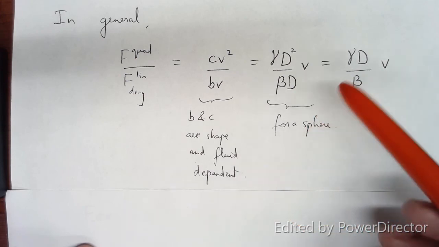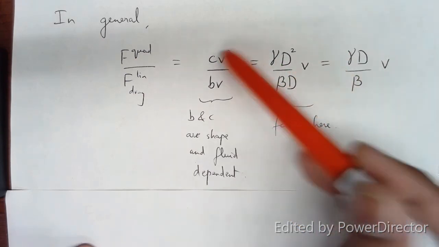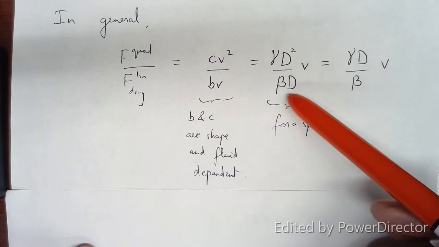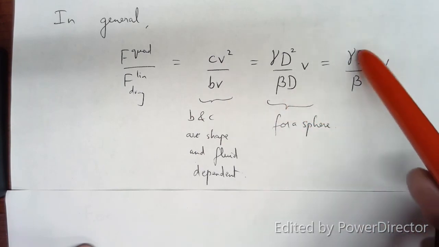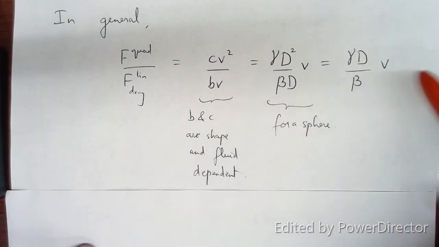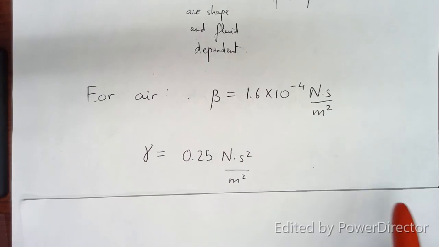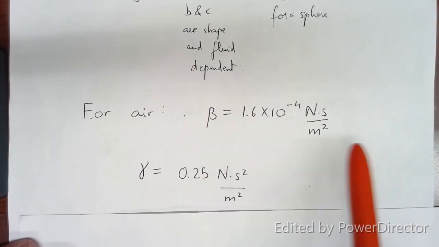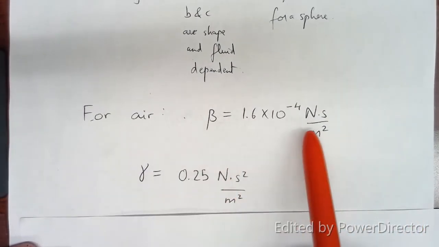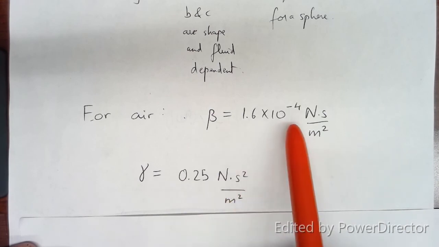For a sphere, we can further break up C into gamma D squared, we can break up B into beta D, and so this gives us gamma D v over beta. Since we are often interested in objects moving through air, we present here the values given in the textbook for beta and for gamma.